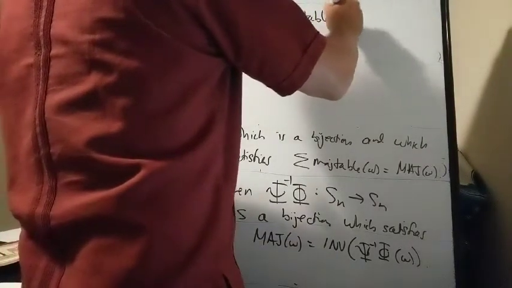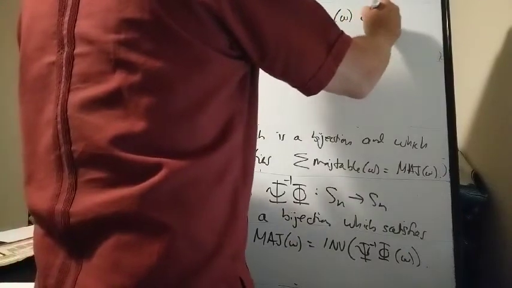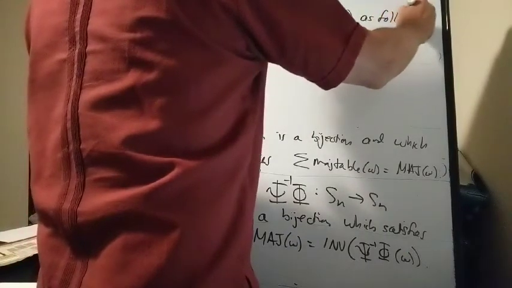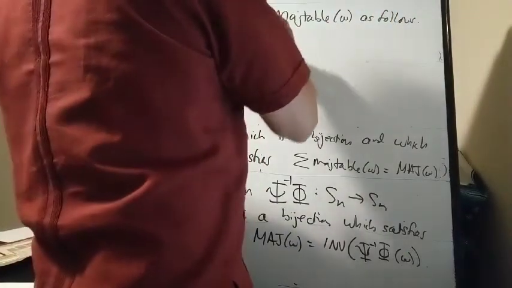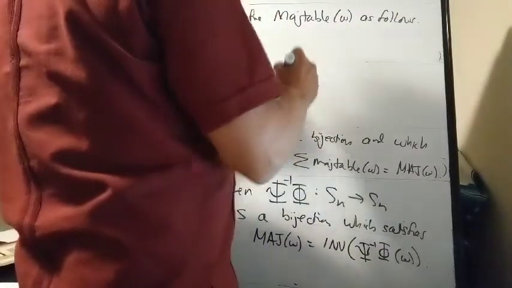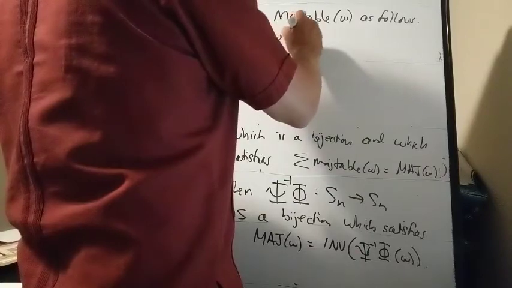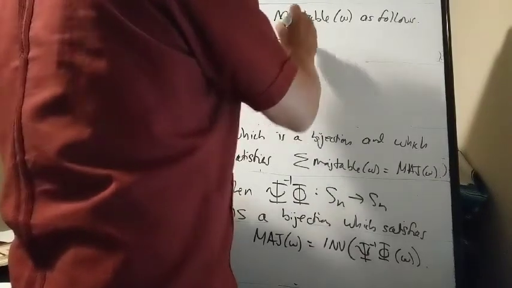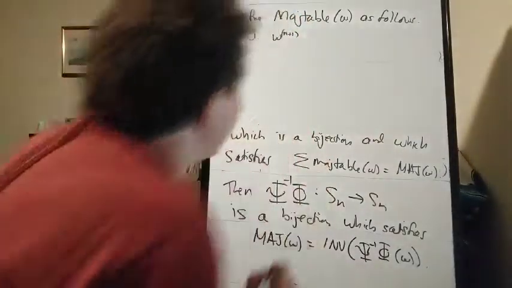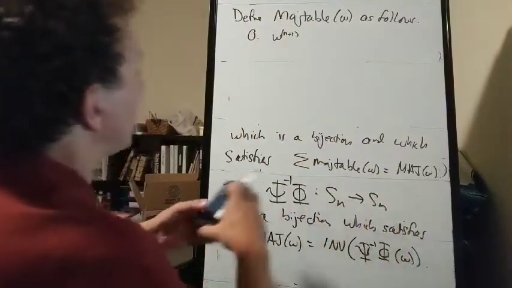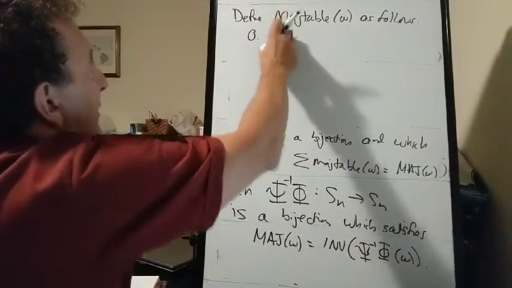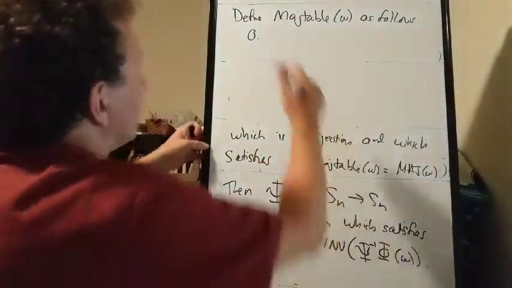So we'll define the major index table of W as follows. First of all, we're going to define several words that are W superscript some number. Let me define the n plus first one first.